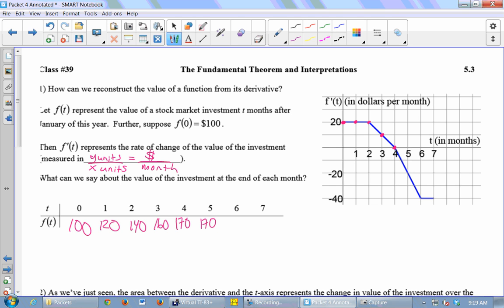All right, in month five, what's the rate of change of my investment? Negative $20 per month. So by the time I hit month six, how many dollars am I going to have? $150. And then in month six, my rate of change is negative 40. So in month seven, I'll have $110.